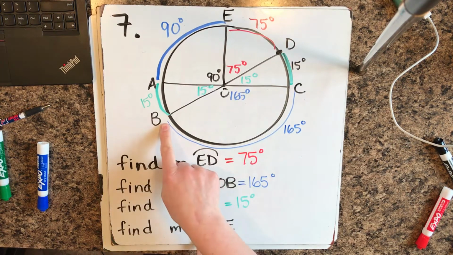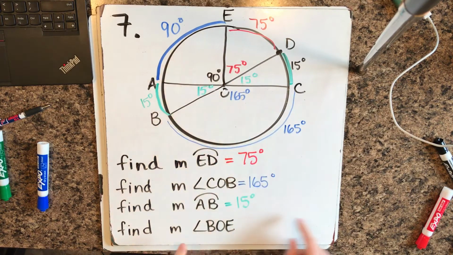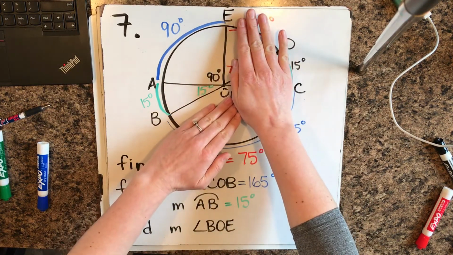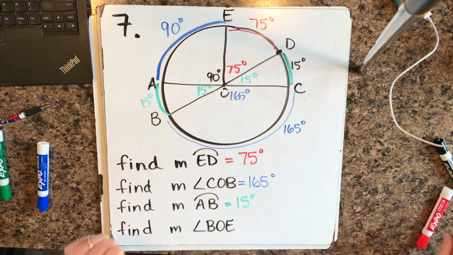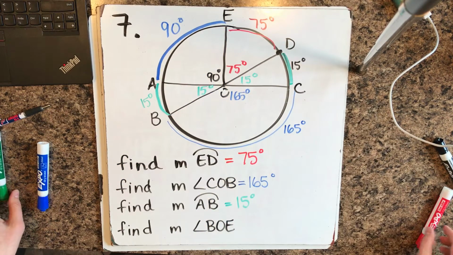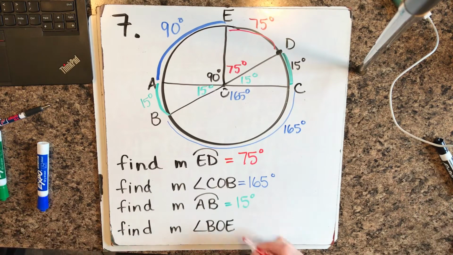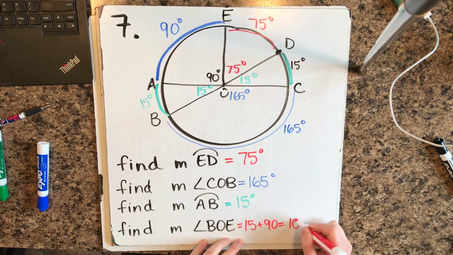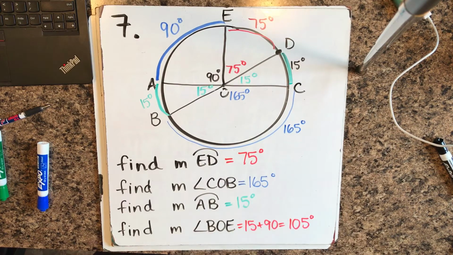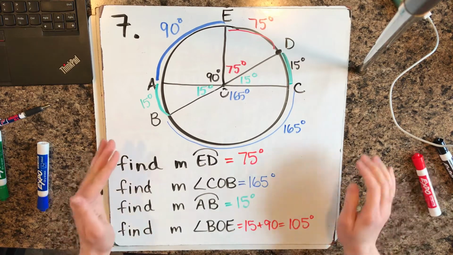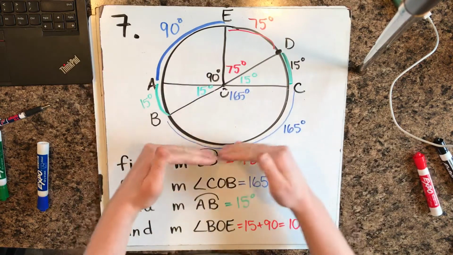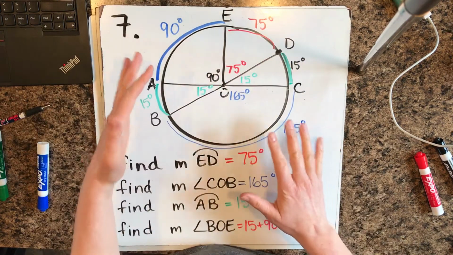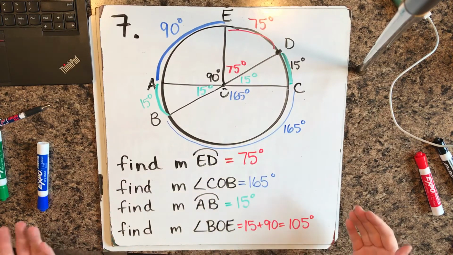So start at B, go to O, go to E. So I'm just looking at B to O to E. That's 15 and 90, so I've got to add that together, which is 105 degrees. So here's my recommendation when you're doing these problems. Fill in what you know. Don't even worry about the questions at first. Just start filling in and doing what you know, and then answering the question is kind of easy.